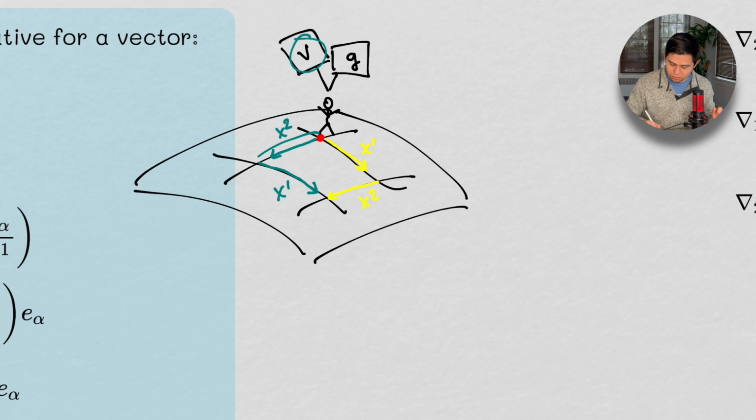So we're comparing both paths. We're comparing this path to this path, and if the comparison yields a non-zero result, then this is how we're going to define curvature, okay? We'll later get into ideas of parallel transport and how parallel transport is all related to this as well.